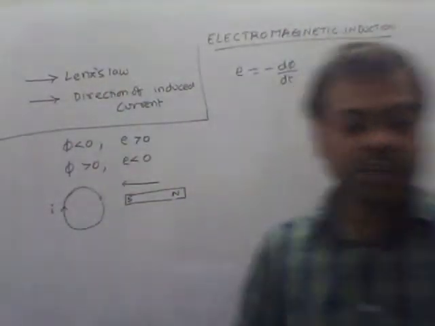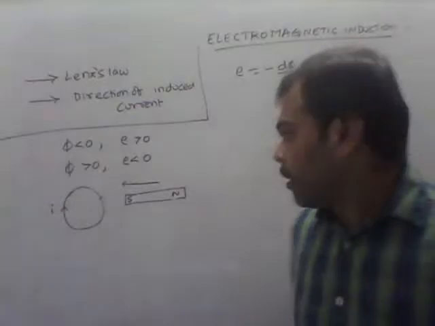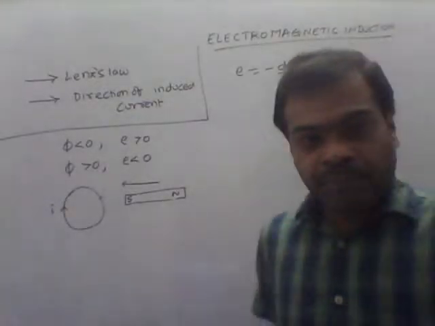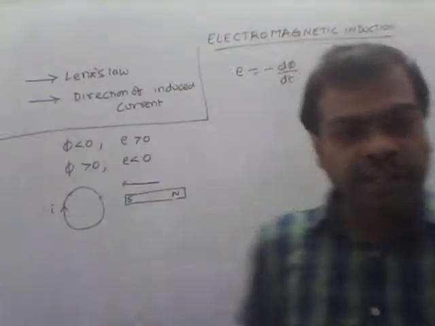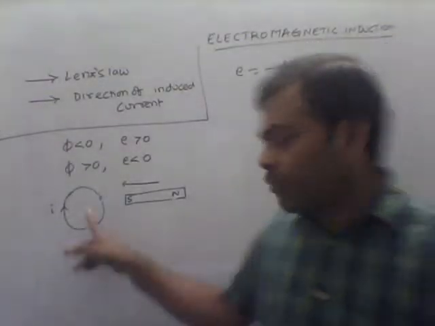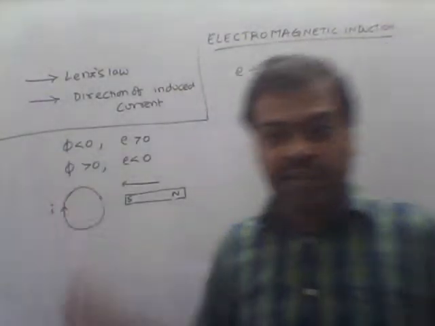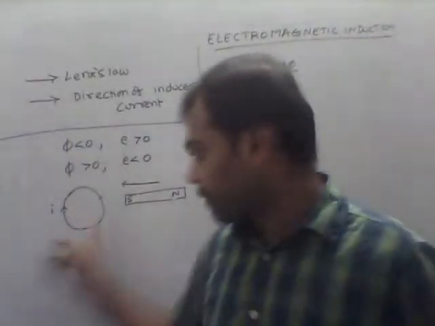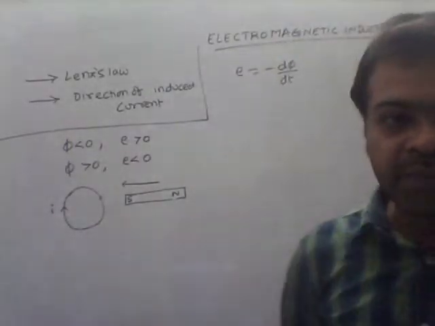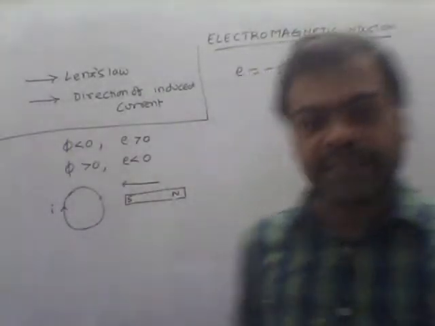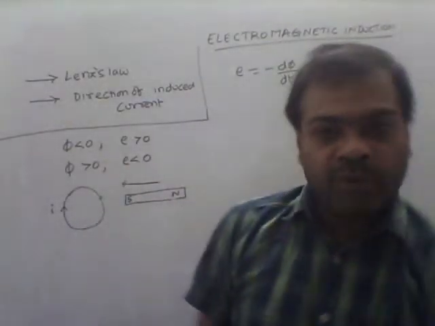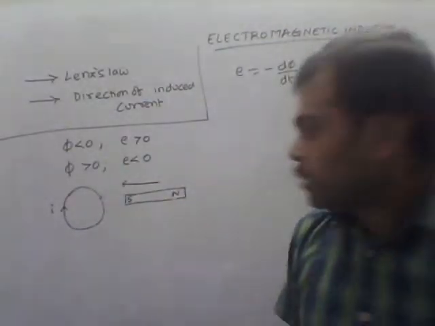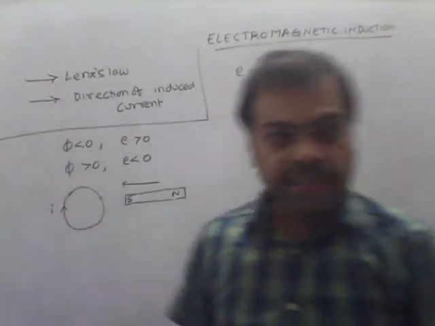According to Ampere's law, whenever a current is circulating, a magnetic field will be present. Since the current is moving clockwise, we have a magnetic field due to the circular coil.